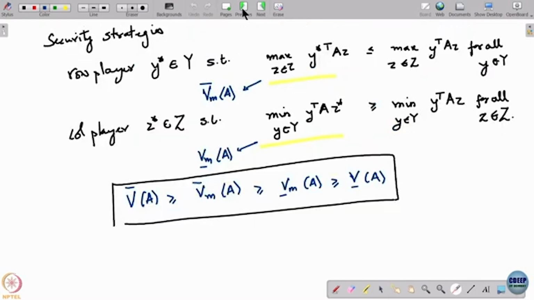Earlier we found there are matrices A for which V upper bar is not equal to V lower bar, and we extended the space to mixed strategies and got this chain of inequalities. Now what I will show today is that this in fact is an equality.